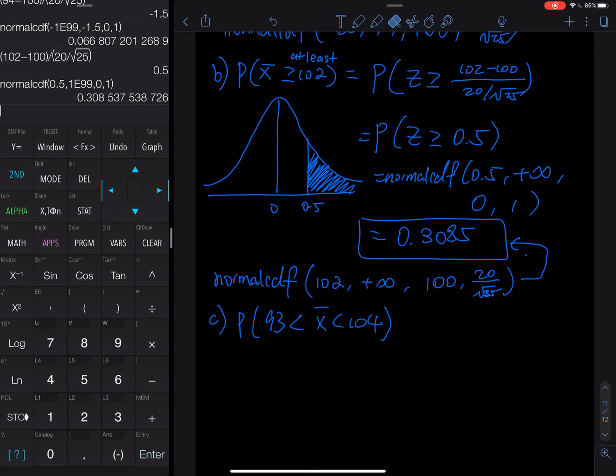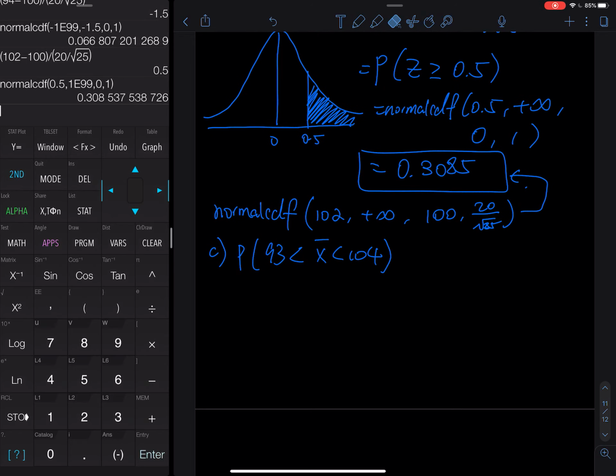So let's standardize that. We have 93 minus 100 divided by 20 over square root of 25, z, no equal, right? And then 104 minus 100 divided by 20 over square root of 25.